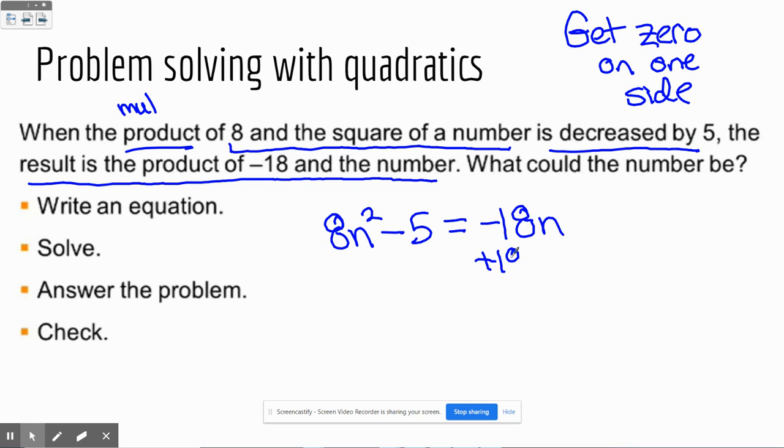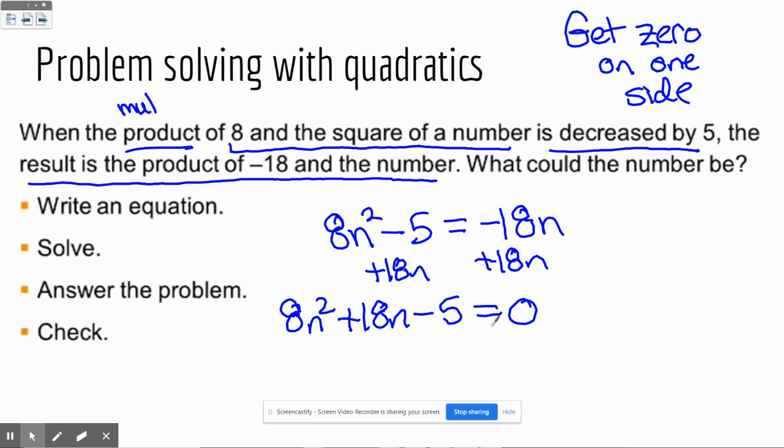So I'm going to add 18n to both sides, and I get 8n squared plus 18n minus 5 equals 0. There's not a GCF, so you might be a little sad because we're going to have to do the AC method. So take the 8 times the -5. I get n squared plus 18n minus 40.